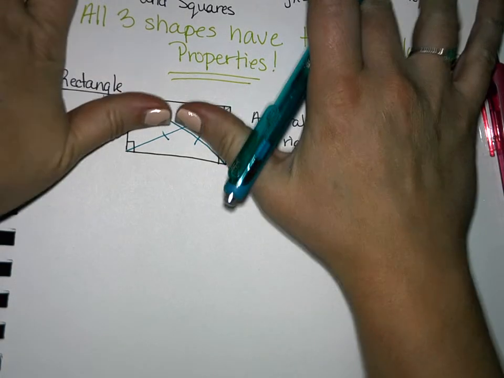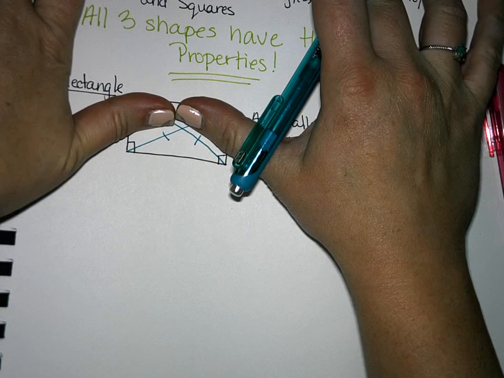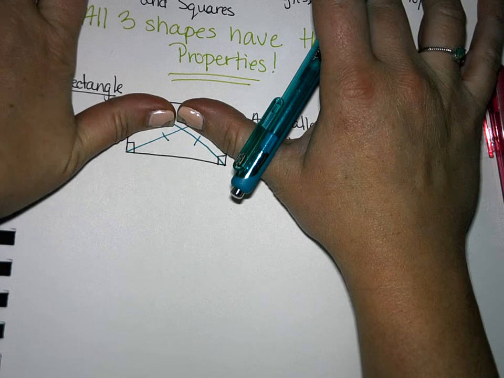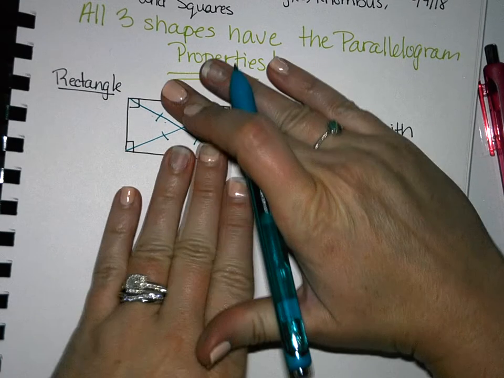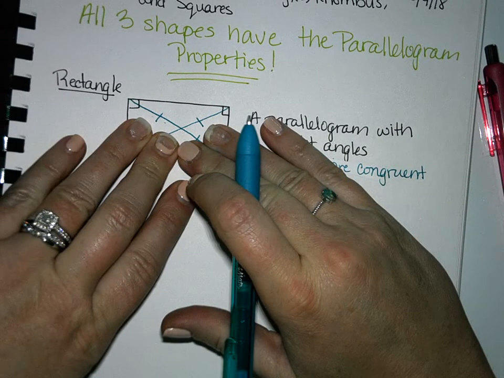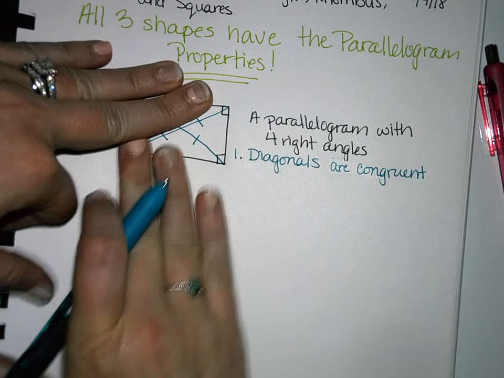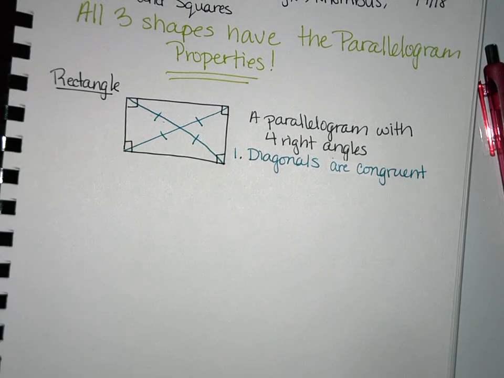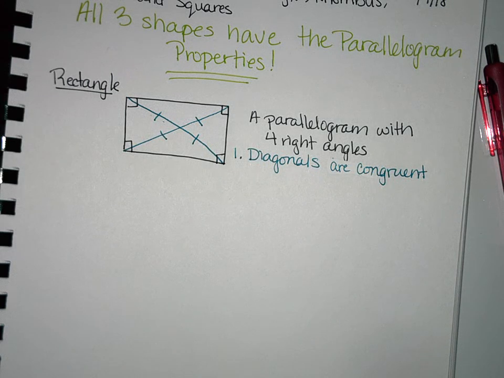If you were to cover these up, what kind of triangle is that? Isosceles. What kind of triangle is that one? And what about that one? And what about that one? So in a rectangle, when you draw the diagonals, you get four isosceles triangles.